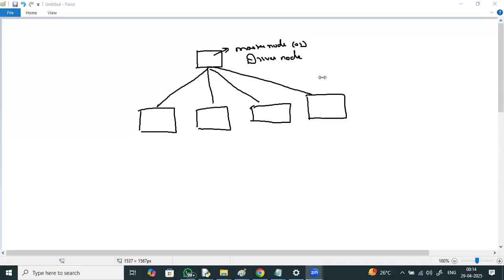Srinath, yesterday we had some introductory session, right? Master node or driver node. These we call slave nodes or worker nodes: slave 1, slave 2, slave 3, and so on up to slave n.